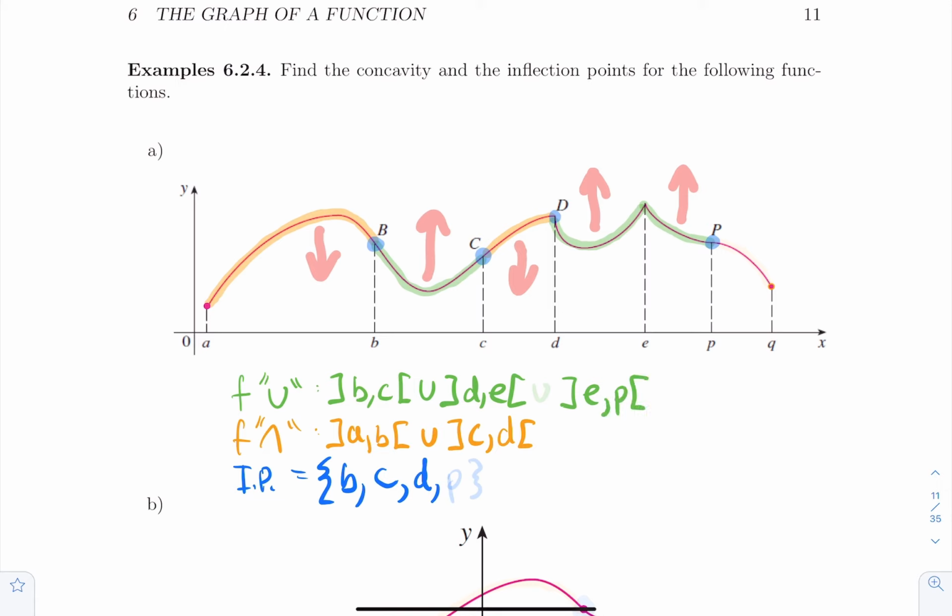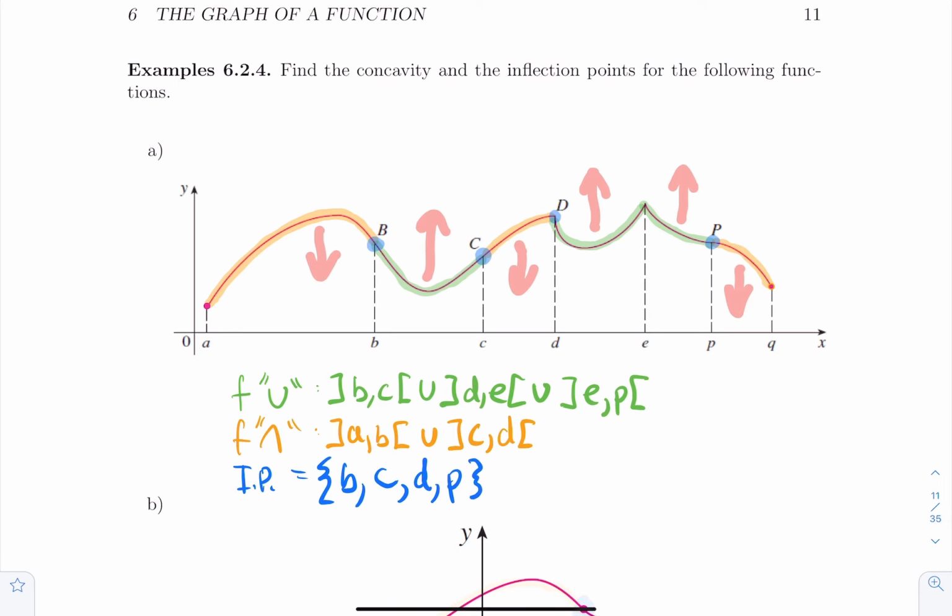So E is not an inflection point because you stay concave up around E, but we write these two intervals separately because they're not part of the same bowl. And then afterwards, between P and Q, I have a function that is now facing down, concave down. So this means that P is the last inflection point for that function.